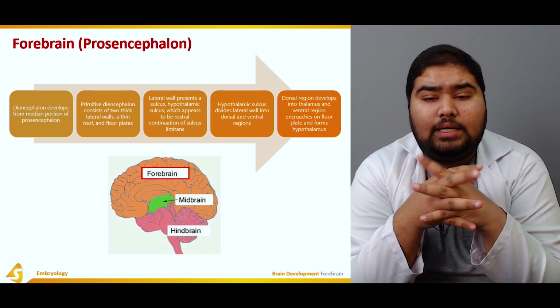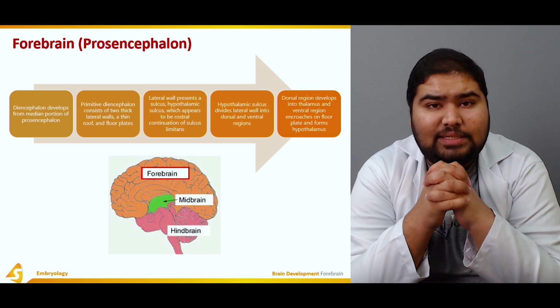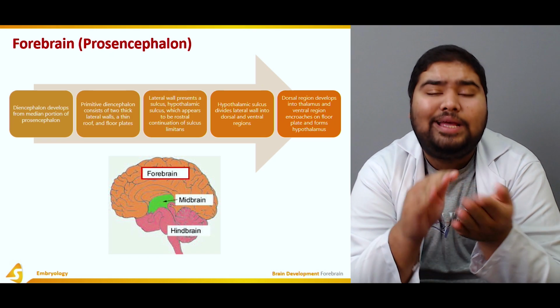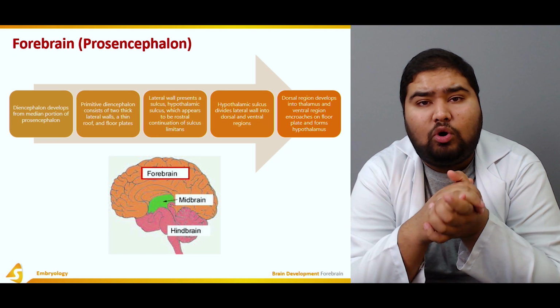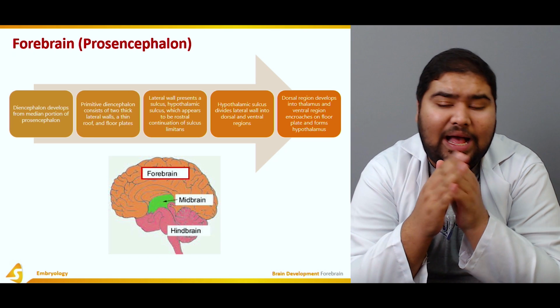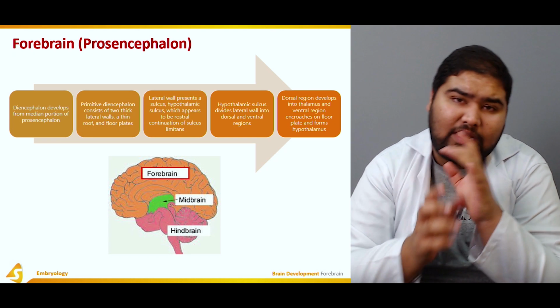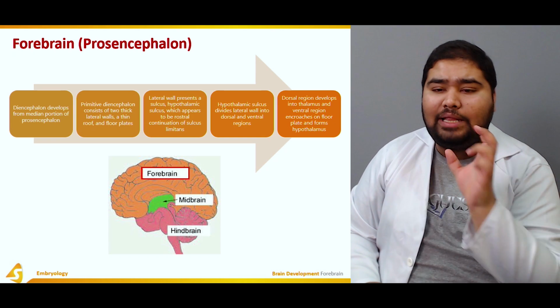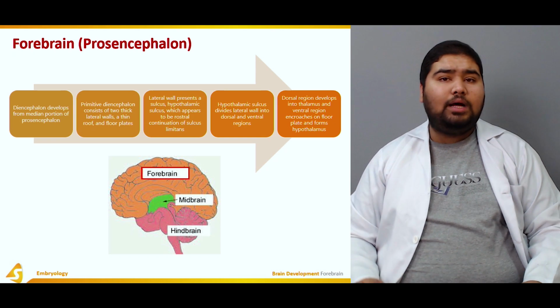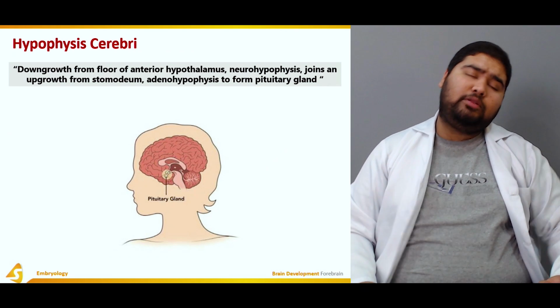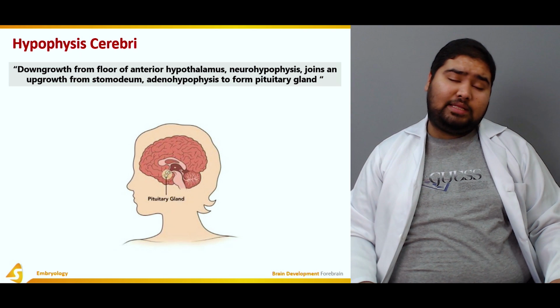So this hypothalamic sulcus divides the lateral wall into two parts, the dorsal and the ventral regions. Now the dorsal region develops into the thalamus, and the ventral region forms the hypothalamus. So this was all about the development of thalamus and the hypothalamus.